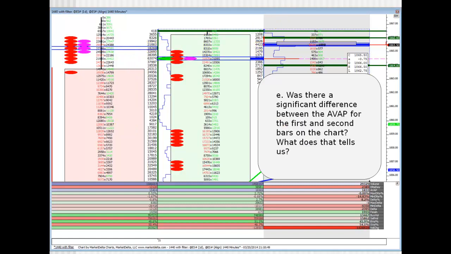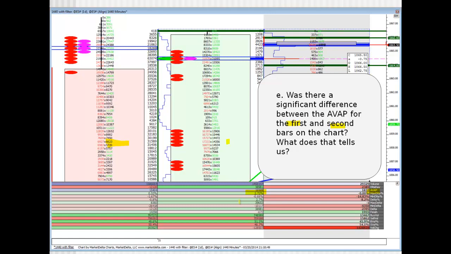Was there a significant difference between the AVAP for the first and second bars on the chart? Well, let's take a look. AVAP, that is the average volume at price, 16,569 for this bar, and we had 15,404 for this bar. Now that's kind of interesting.